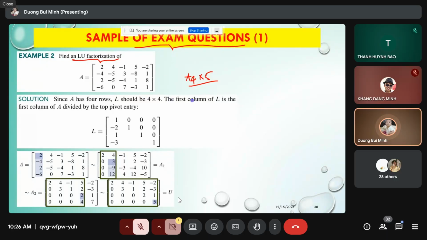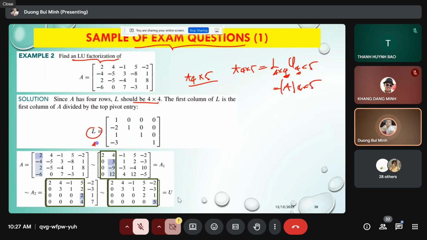Here L should be 4 by 4, of course, because A is 4 by 5, and A equals L times U. So L should be 4 by 4, and U should be 4 by 5.